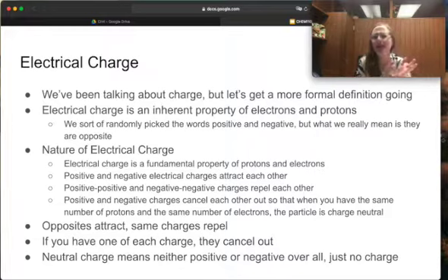I want to be clear here too, don't get hung up on the words positive and negative as we move along. We arbitrarily picked them. So we could have said electrons are positive and protons are negative. We could have. That's fine. However, really what we mean when we're saying positive and negative is that these charges are opposite. So they are opposing charges. They are different from each other. We kind of randomly picked positive and negative, but we chose them because they are words that mean opposite in our language.